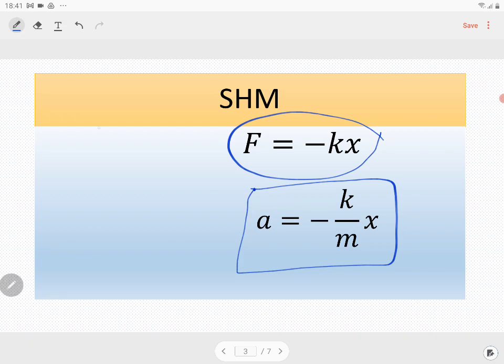So what is the condition of SHM? F should be directly proportional to minus x, or A should be directly proportional to minus x power 1. If the force acting on the particle is directly proportional to the negative of the displacement from the mean point, then it is called SHM. Either force or A.